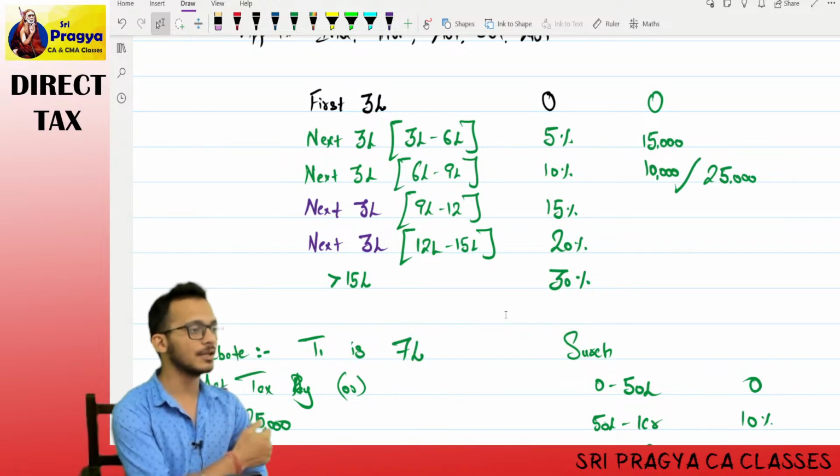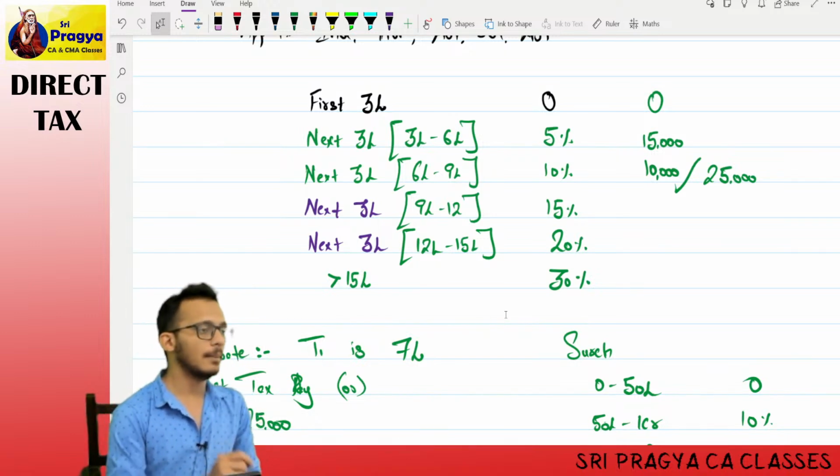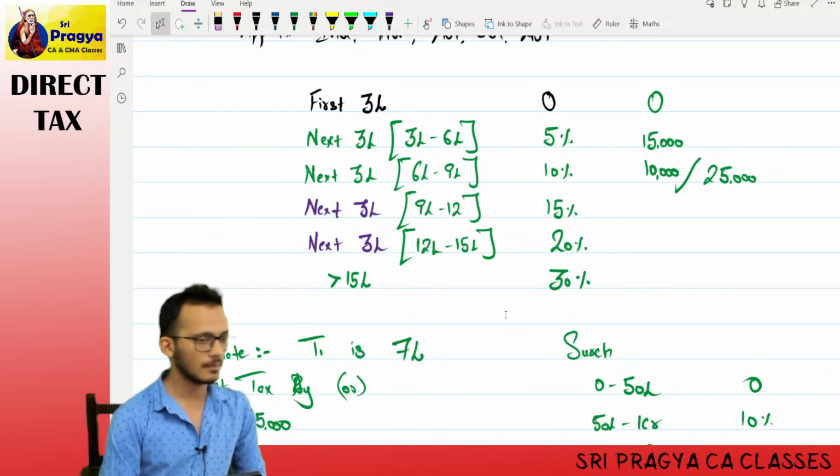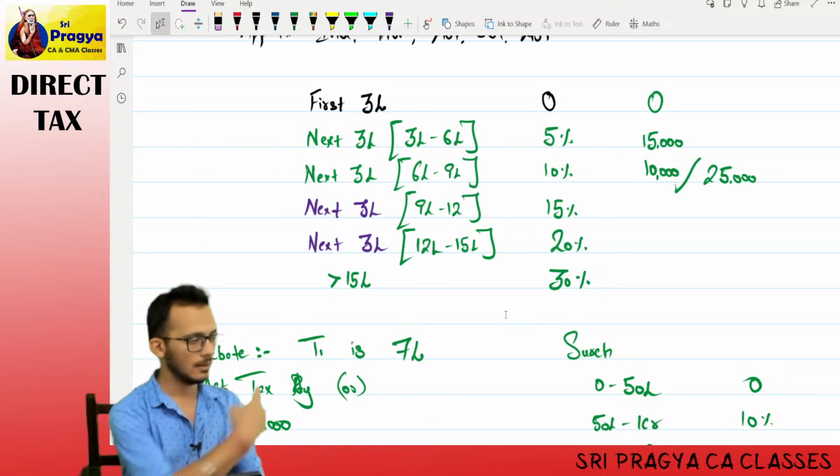If the question wants you to do default regime, the question will say compute tax assuming the person is opting for default tax regime. In that case, you are doing amendment.